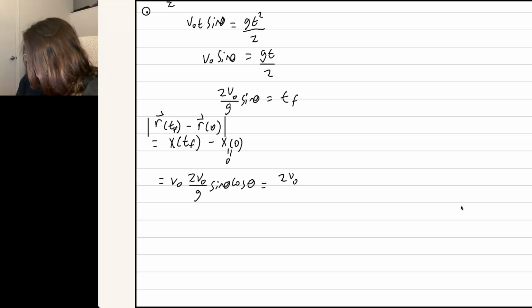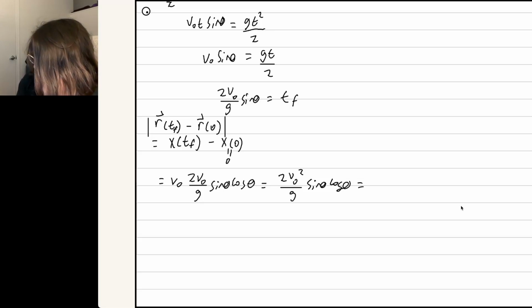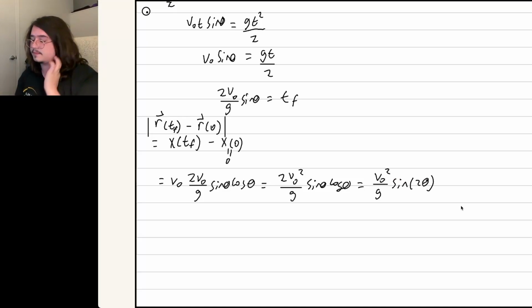You can simplify that just a little bit. And even if you want to, you can do a double angle formula and call it sine 2 theta for the displacement. All right.